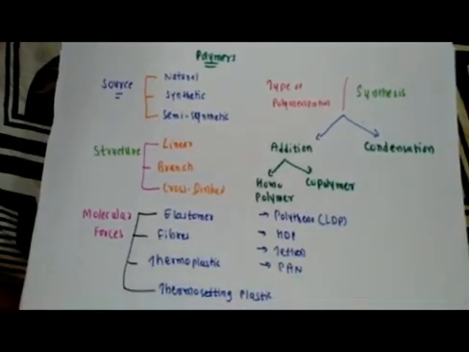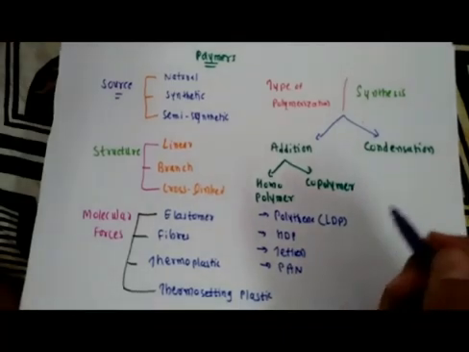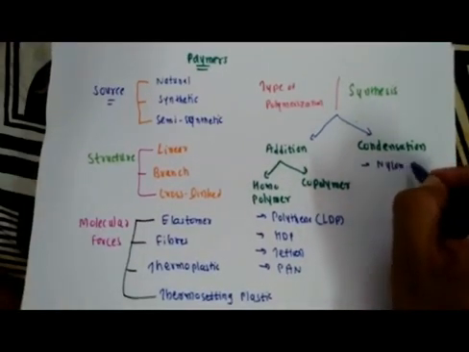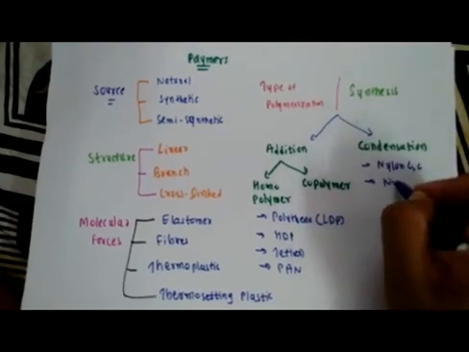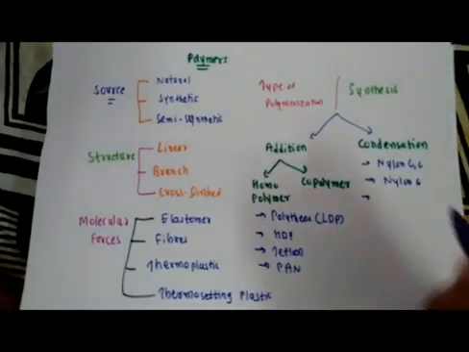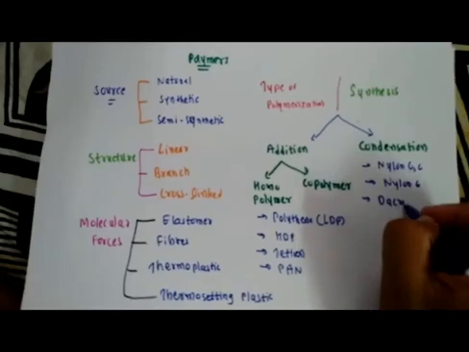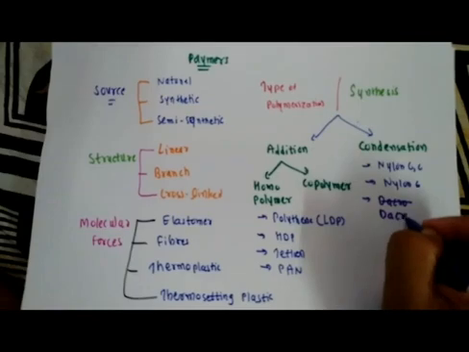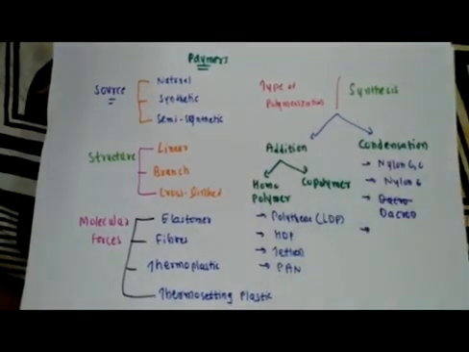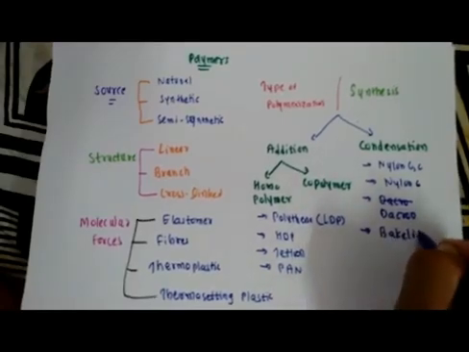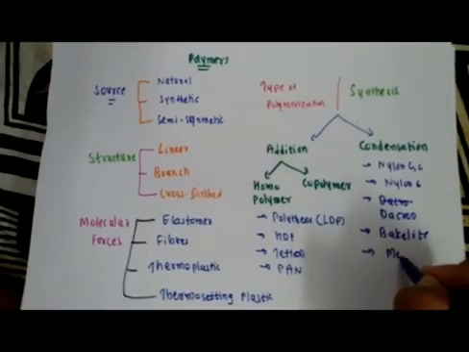Okay. Whereas condensation polymers are: first is the polyamide category, that is nylon 66, second is nylon 6, third is dacron or terylene, next one is bakelite and melamine.